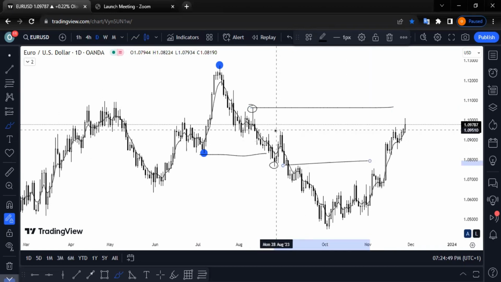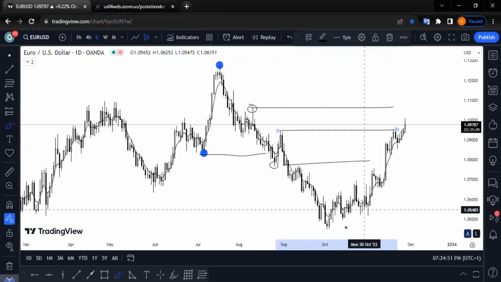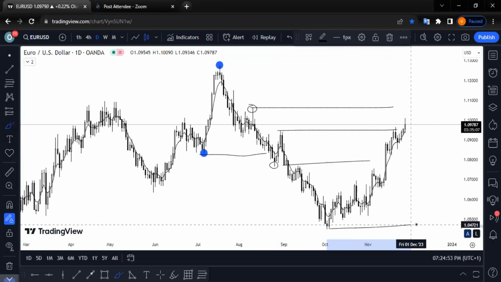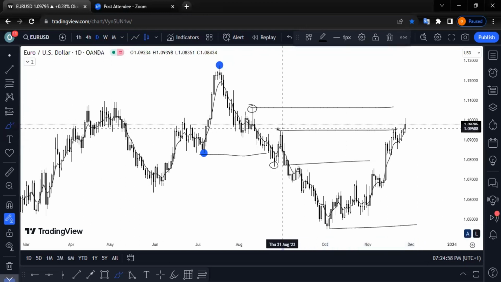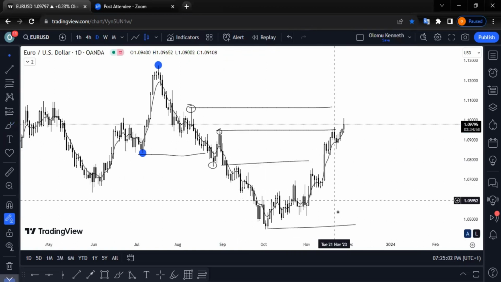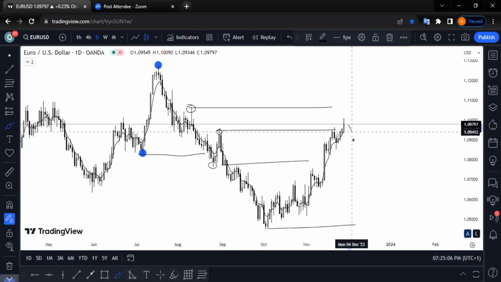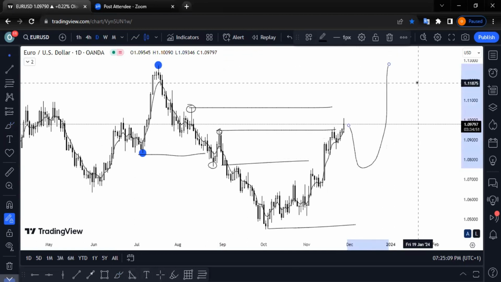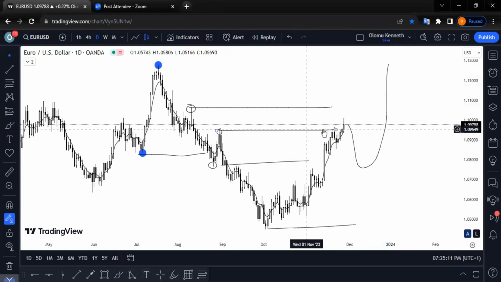So we created another range, this one and this very one. From the look of things, price has exceeded this level. So we're no longer looking towards the downside, we are now looking towards the upside. We're looking at the market coming back down, then pushing back to the upside, since price has exceeded this level. So we are no longer bearish, but bullish.